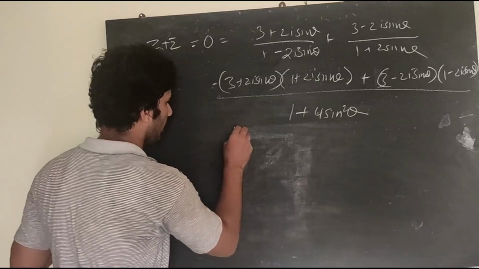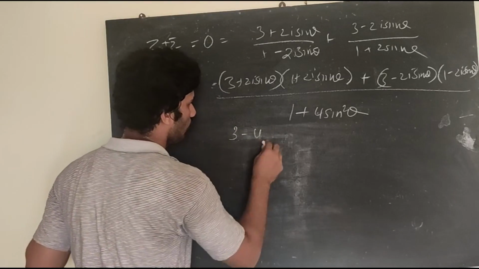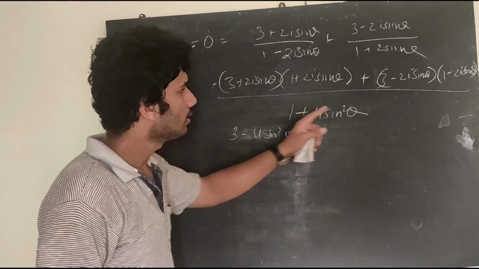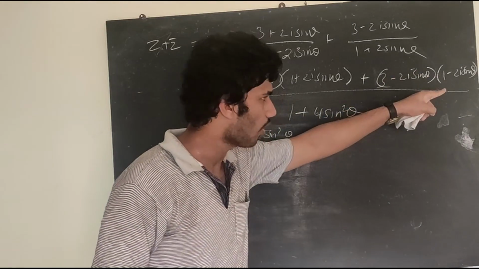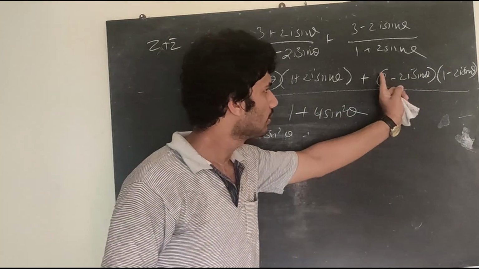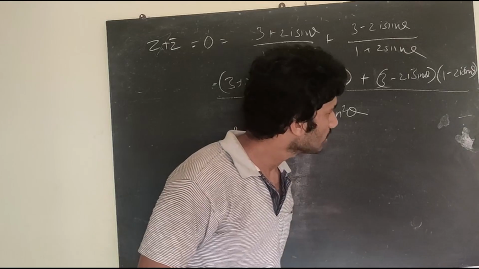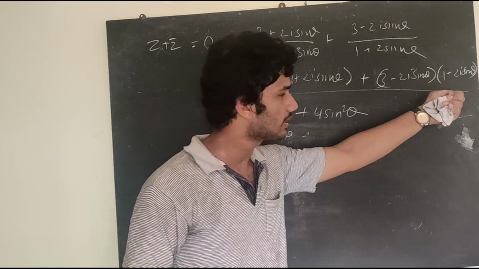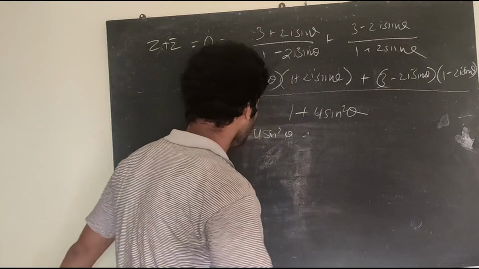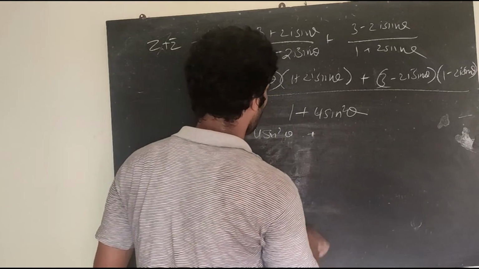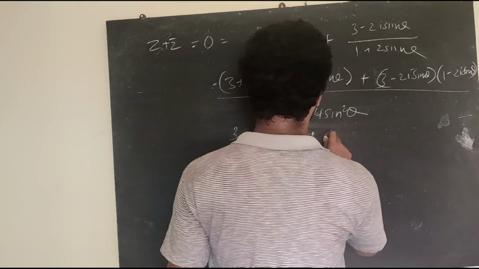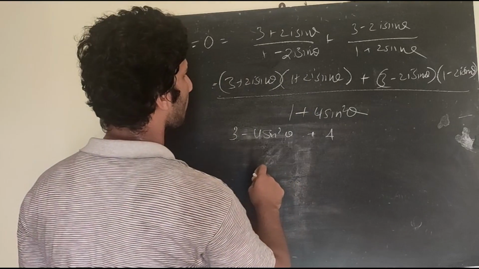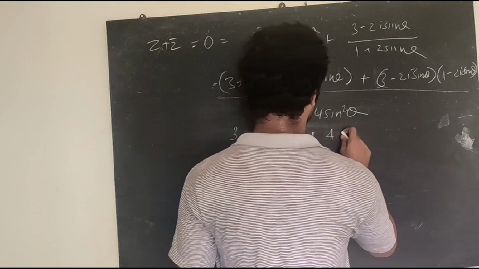So I have here 3 minus 4 sin²θ plus, here also 3 into 1 gives me 3, the real part. Then 3 into minus 2i sin θ, imaginary. Minus 2i sin θ into 1, again imaginary. And we have plus 4, did I miss anything? No, right?